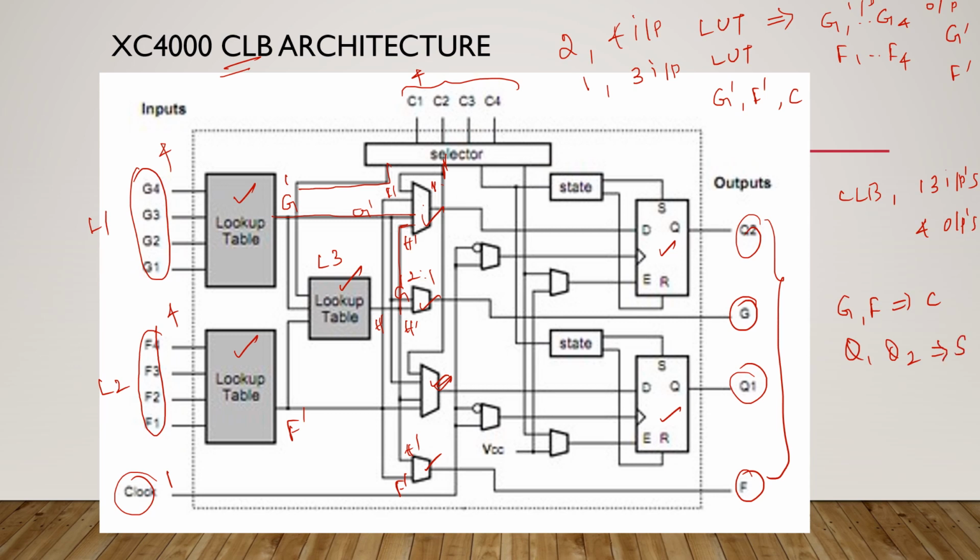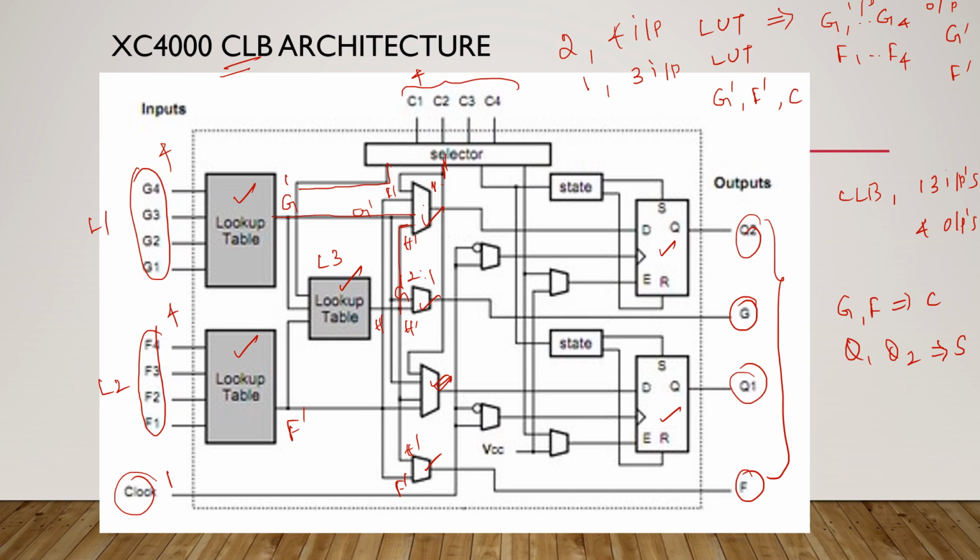Clear? So this XC4000 CLB architecture consists of 13 inputs, 4 outputs, 3 lookup tables, right, and 2 flip-flops. So this can be reconfigured as any combinational circuit or sequential circuit. Even a single flip-flop we can configure in the CLB.